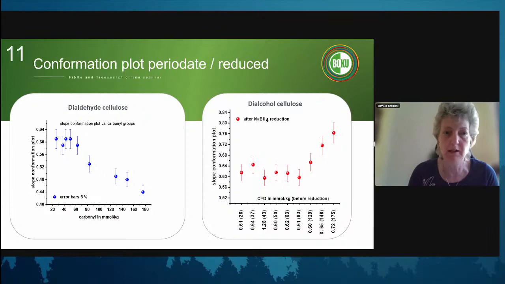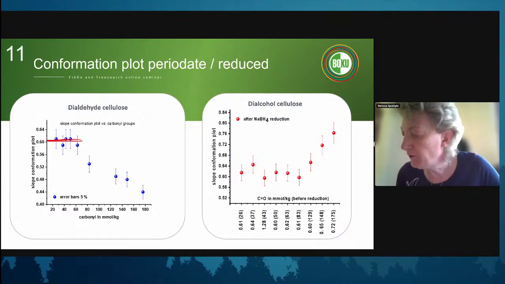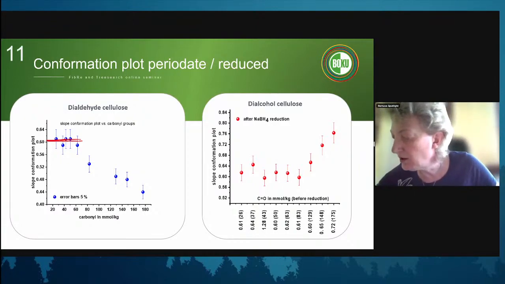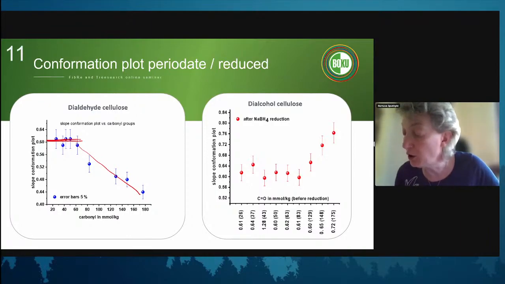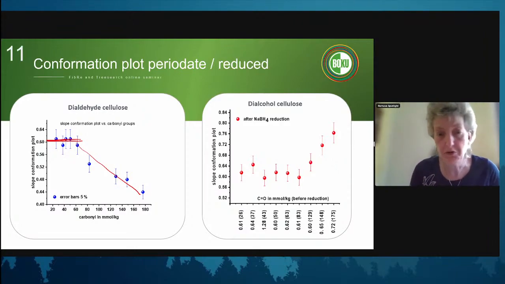On the left side, we see the aldehydes at a low degree of oxidation, in the range of natural cellulose, where there is basically not much difference. But when we start to oxidize, the slope of the conformation plots drops down, until we run into non-soluble fractions.